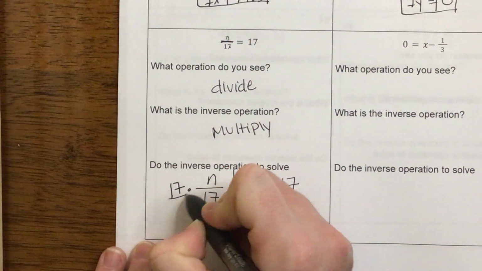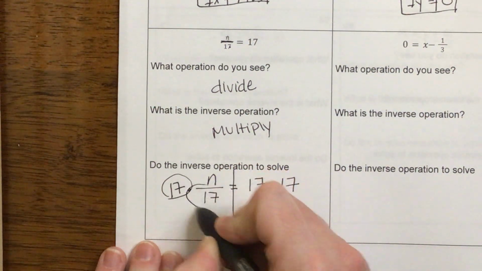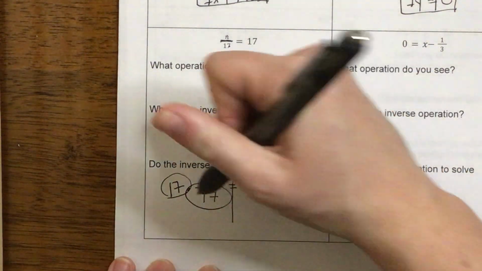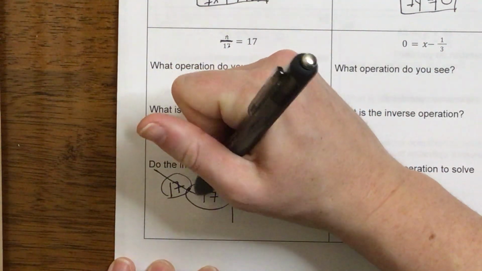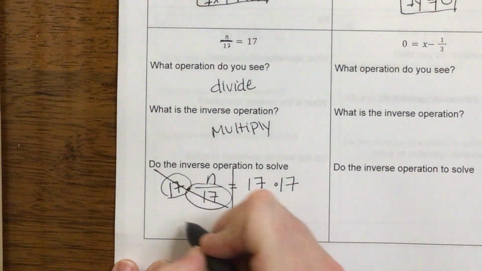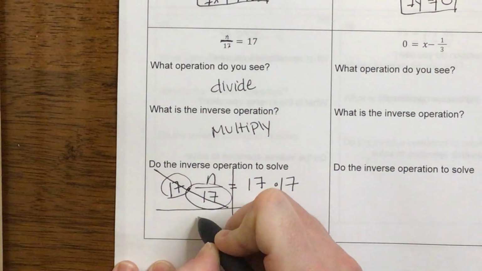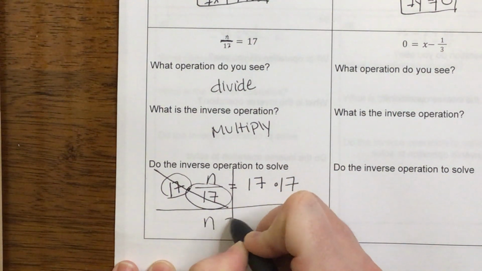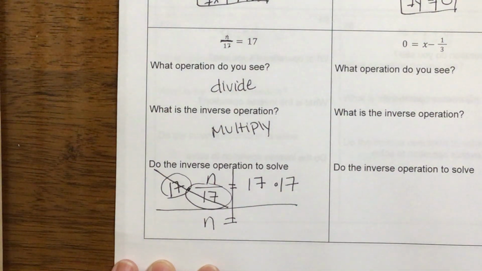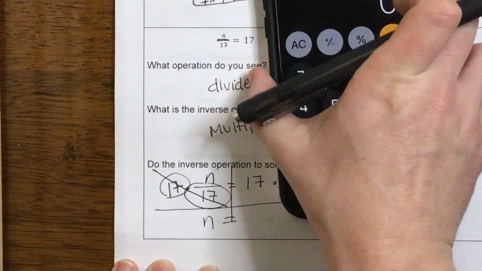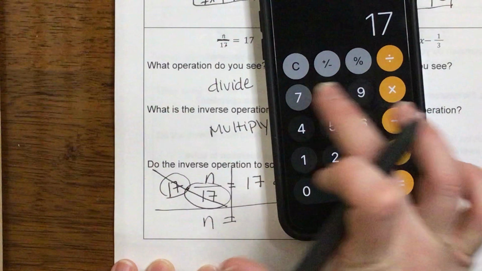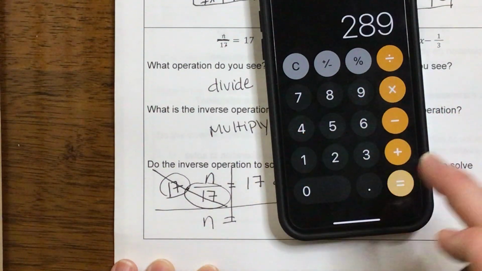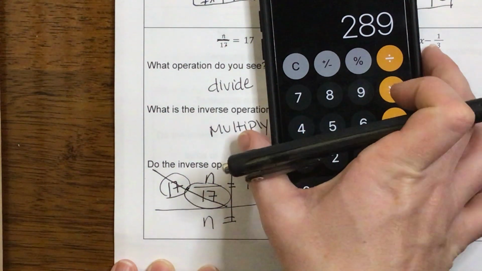So since I'm multiplying by 17 and dividing by 17, those are opposites and they cancel each other out. So I'm left with 1n on this side. And then 17 times 17 is 289.